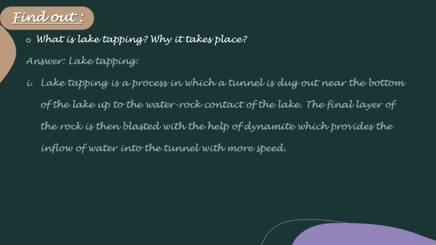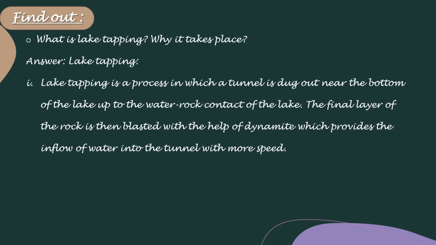Now students, we will find out what lake tapping is and why it takes place. Lake tapping is a process in which a tunnel is dug out near the bottom of the lake up to the water rock contact of the lake.